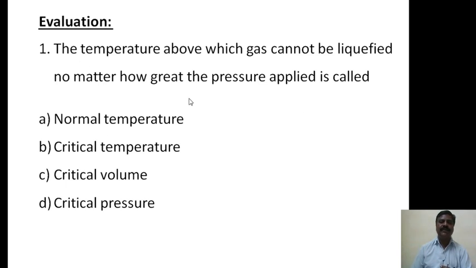The options are: A, normal temperature; B, critical temperature; C, critical volume; and D, critical pressure. I will give just 10 seconds. You have to choose the correct option for this question.